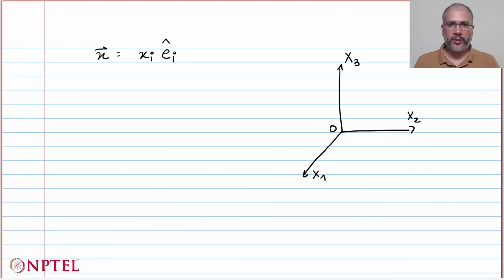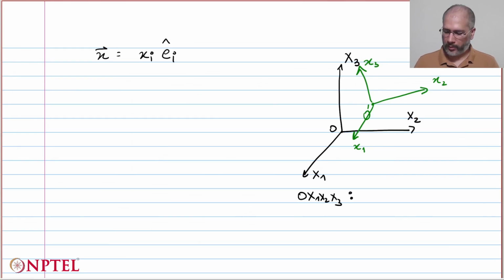So let us say this is our material coordinate system O X1, X2, X3 with capital X's, and I choose a different origin. I'll call it O prime with a different orientation for the axes. We'll call it small x1, small x2 and small x3.